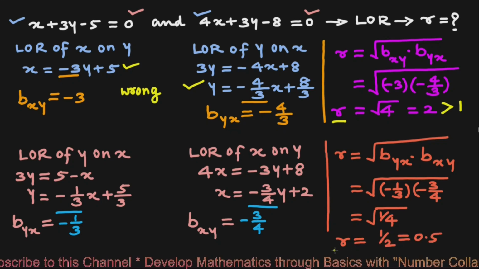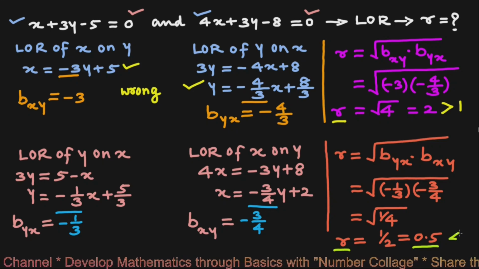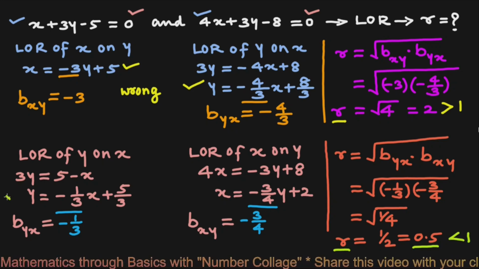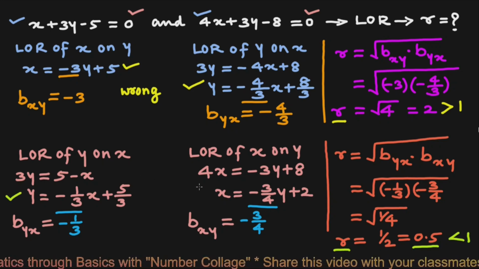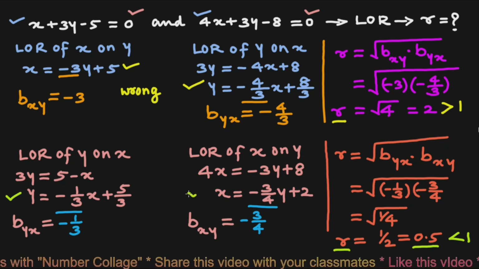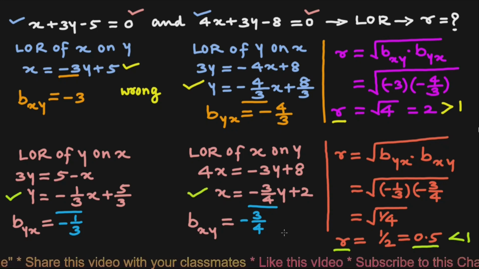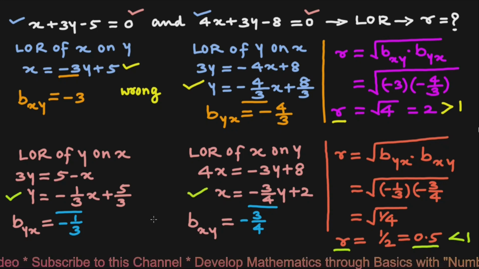Since the coefficient of correlation is less than 1, this line of regression of y on x and this line of regression of x on y are the true lines of regression.